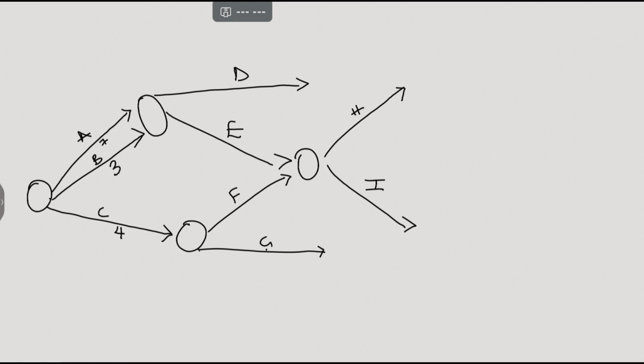And the next one is J. J precedes D and H, so we can decide to extend the line for D.